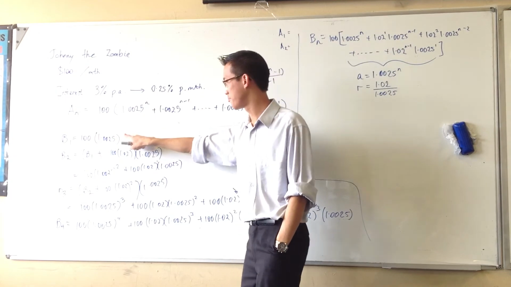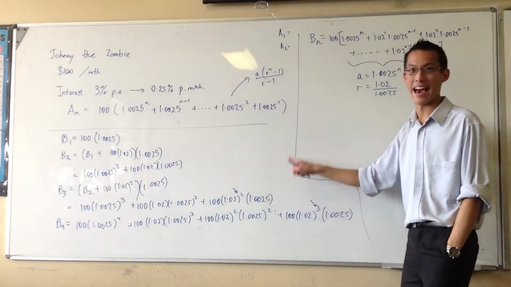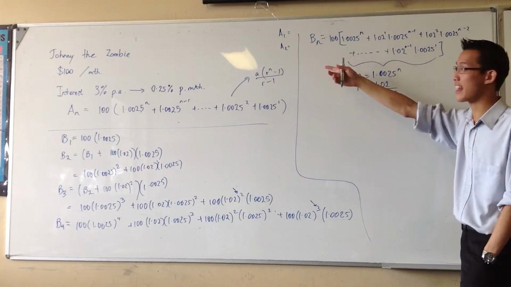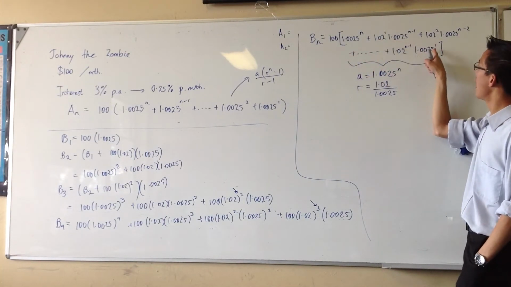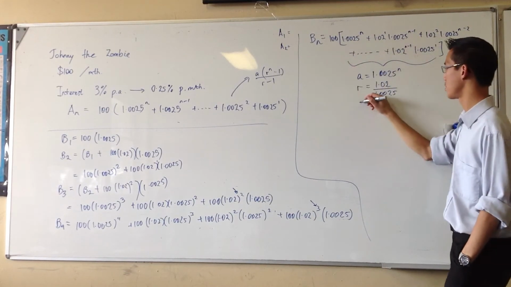B1 has 1 term, B2 has 2 terms, B3 has 3 terms. I think B of n, and you can count it out actually, this is why I put the 1s in there, I've got 1 here, then 2, 3, 4, 5, all the way up to n. So there are n terms.